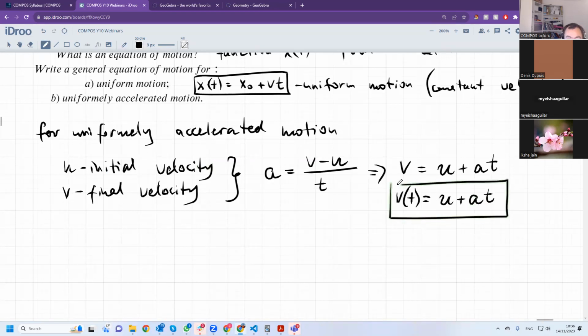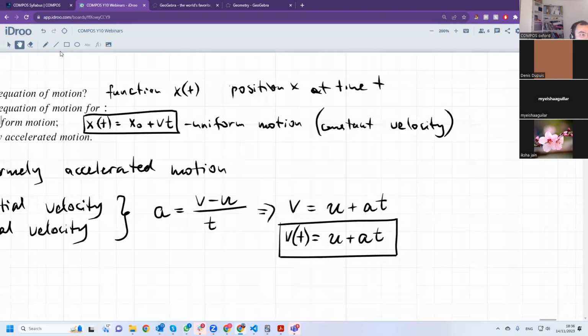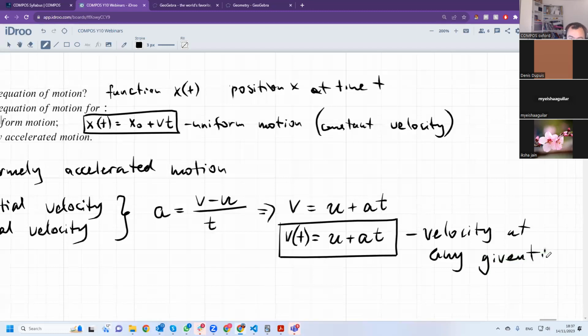It gives you the velocity at any given moment in time. It's the velocity at any given time. Do you see how these two formulas look very much alike? Does anyone have any questions?